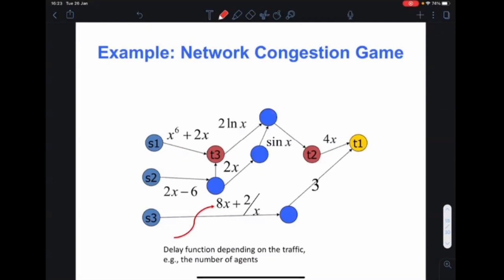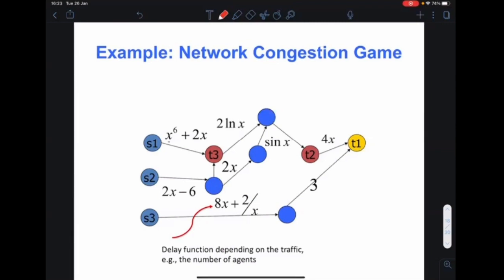Say you have 3 vehicles and 2 destinations, and this is a traffic network. The edges are the arrows between the nodes, and the function indicated here, for example 6x^6 + 2x, where x is the number of users choosing this edge. If more people choose it, there will be a higher delay.